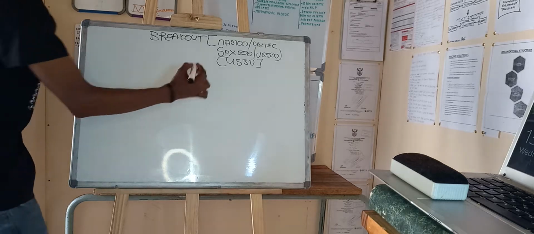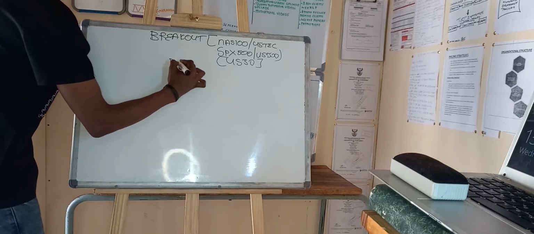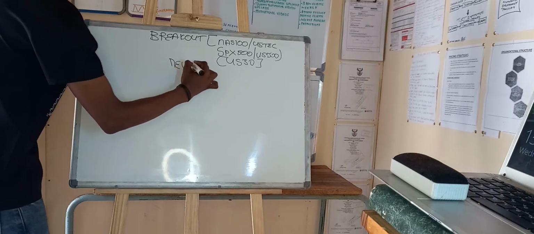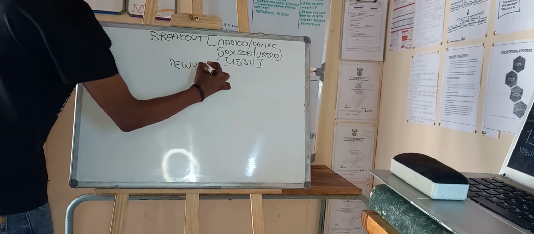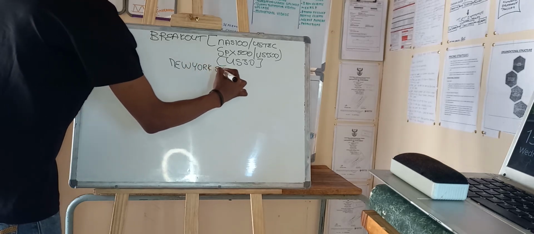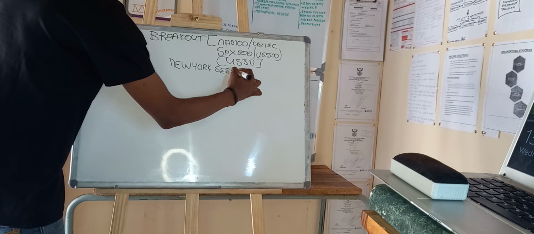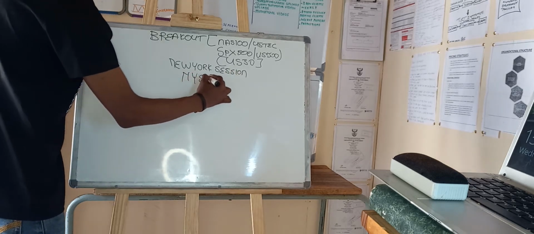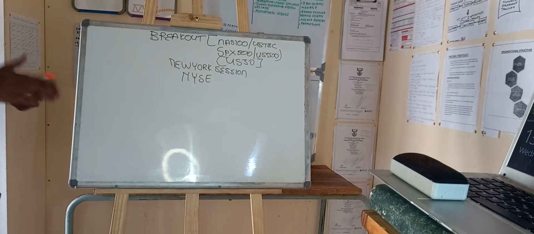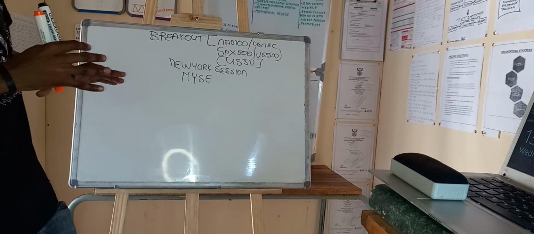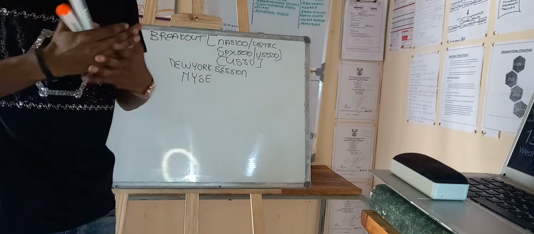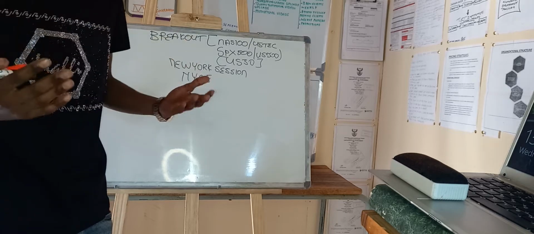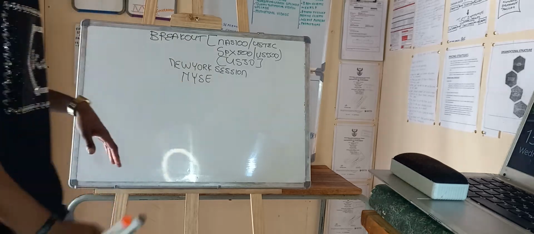Now, we only trade this strategy at the New York session, guys, which is very important. I don't want you to miss anything. You can say it's NYSE. Our main focus is on the breakout. Once we have a breakout, we are either going to buy or sell.